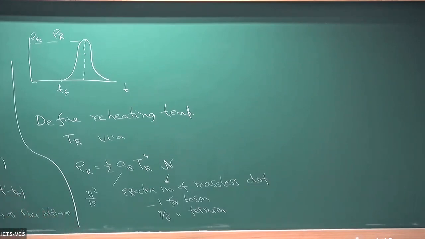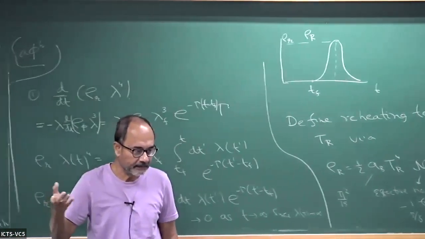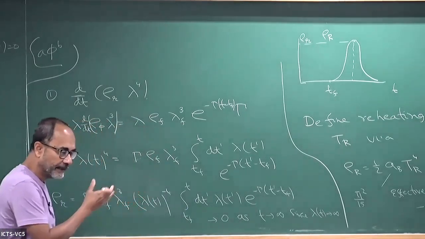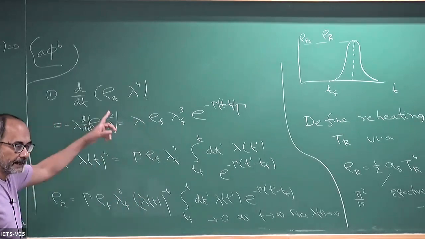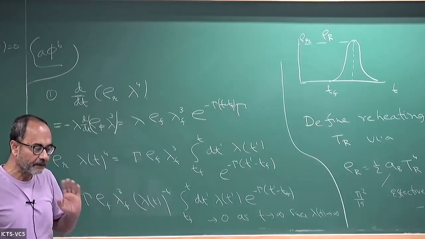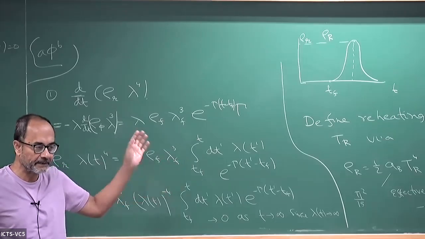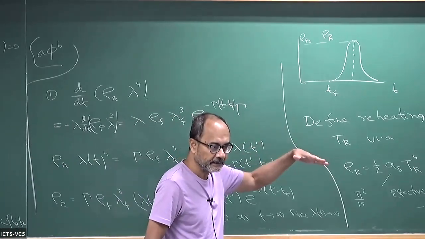If everything was converted to radiation immediately, then the reheating temperature would have been higher, because the earlier it reaches the peak, the higher the reheating temperature is. It's the question of the efficiency in converting matter to radiation. If it's less efficient, it will take longer. So if gamma is small, it will take longer, and the reheating temperature will be smaller.